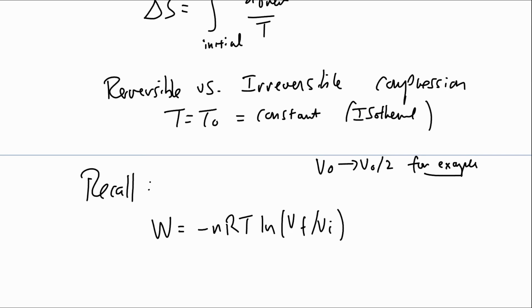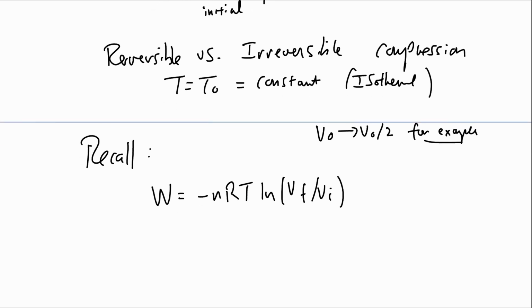If it's a compression, the final is less than the initial, right? And then the argument of the log is less than 1. And so the work is positive, right? Compressing, we do positive work. If the gas is expanding, the gas does the work, and we do negative work on the gas, and then that V final being bigger than V initial for expansion, the log of that is positive, and so the minus sign outside determines the overall sign.